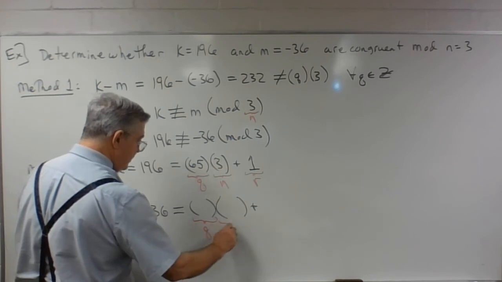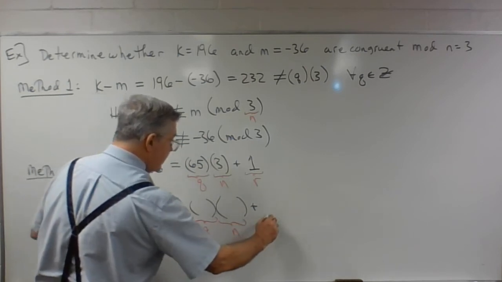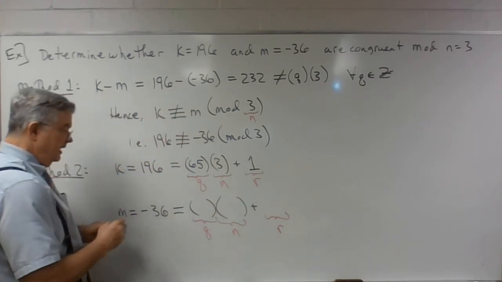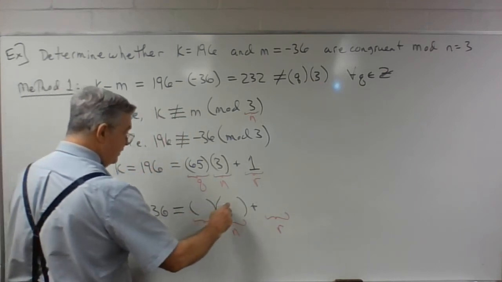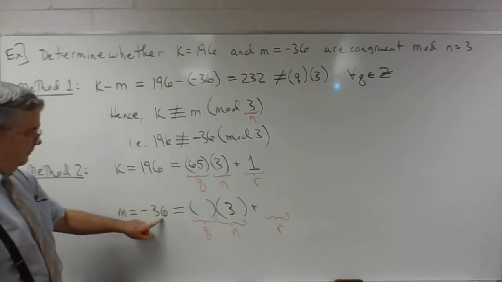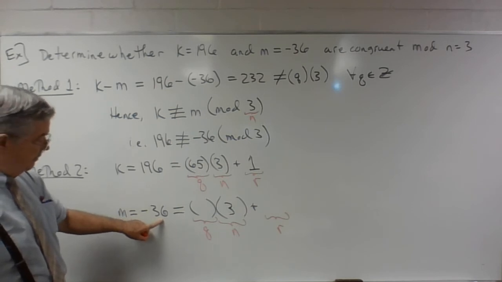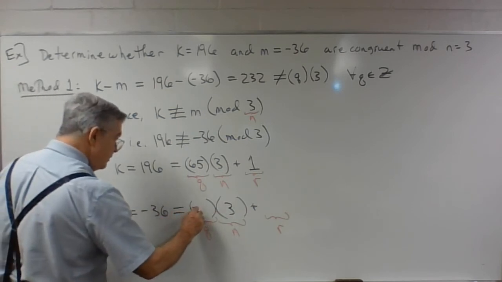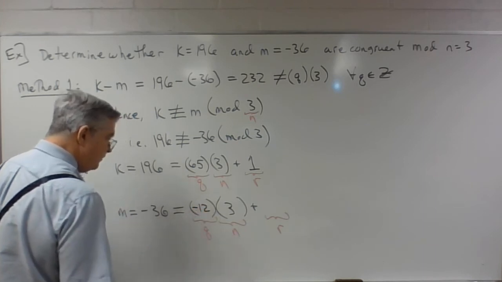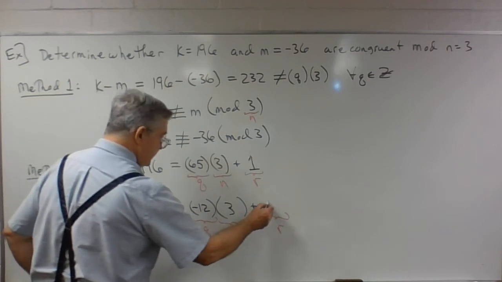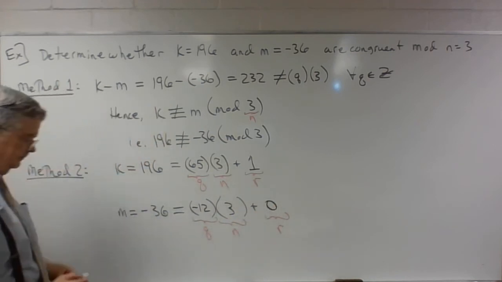Here's Q, here's N, and here's R. See, N is 3. N is our divisor. Now, let's see. 36 is a multiple of 3, isn't it? So Q will be negative 12. And that will give us a remainder of 0. Okay.